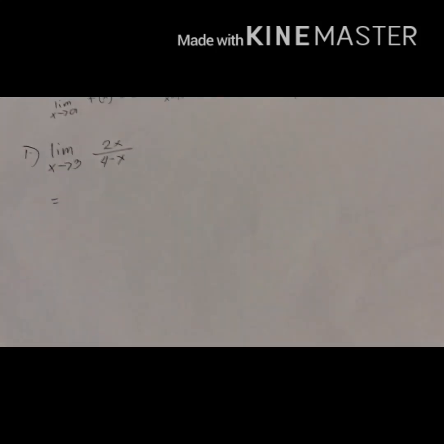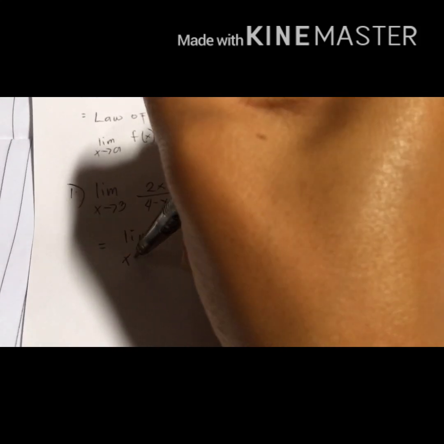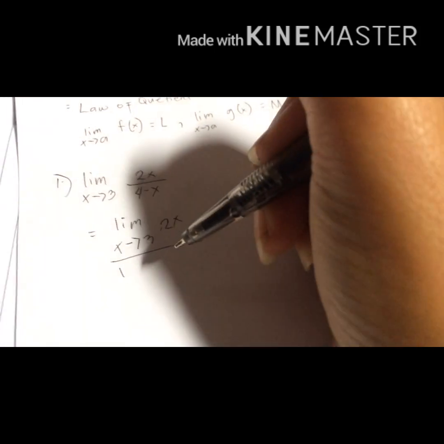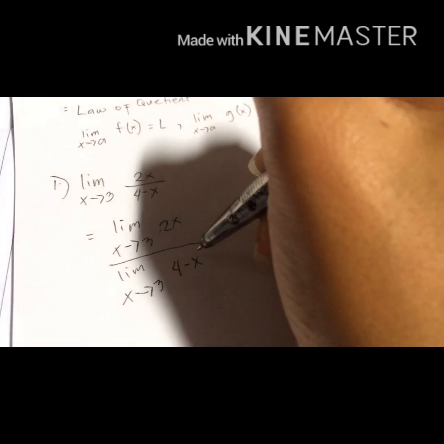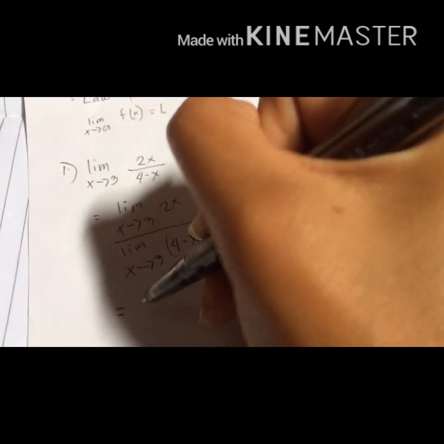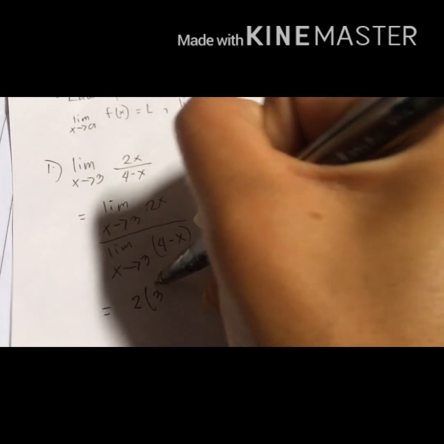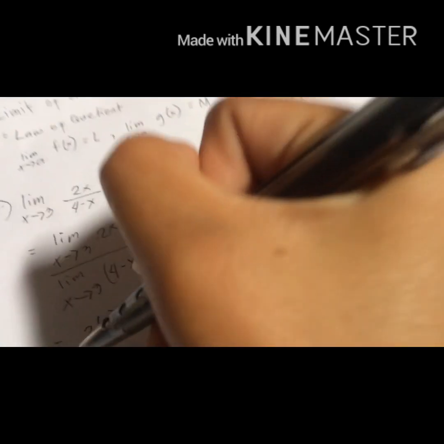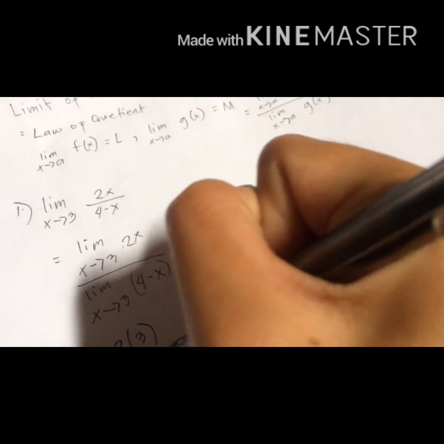By evaluating the limit as x approaches 3 of 2x over the limit as x approaches 3 of 4 minus x, and changing x to 3, we get 2 times 3, where 3 is the value of x, over 4 minus 3.